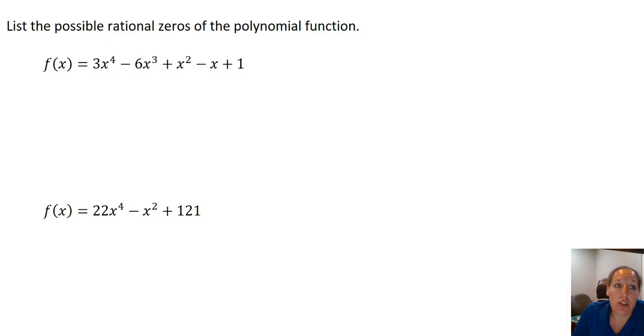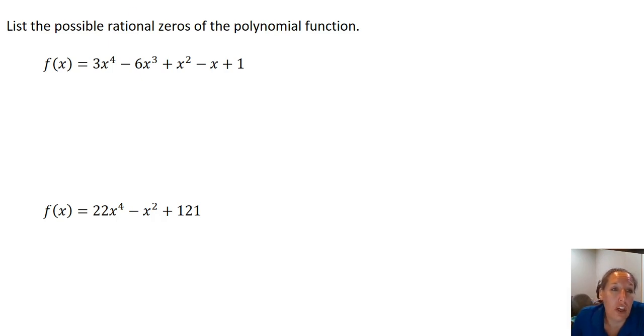And so what we're going to do here is list out the possible rational zeros. We're going to find some that aren't going to be zeros, and we will not list out anything that could possibly be a zero.